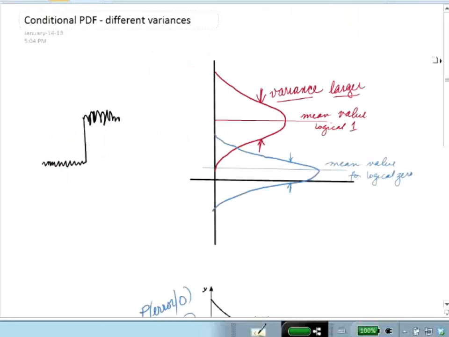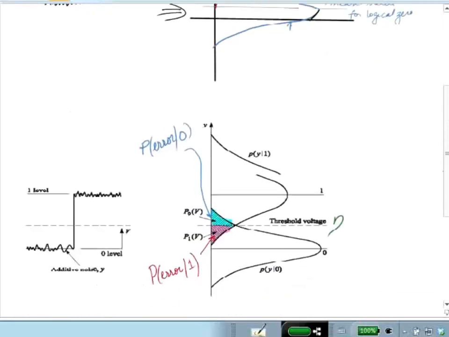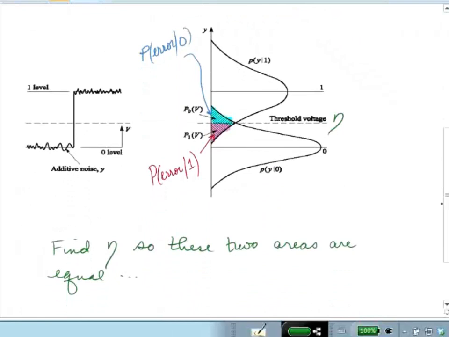Here we have the case of the noise on the 0 level being smaller than the noise on the 1 level. So you see the same shift of means being different, but in addition to the means being different, you can see that the variance is larger on the logical 1 because the shot noise is stronger because the signal is stronger. What this means is that finding the optimal threshold is not as trivial as it was in the previous case.